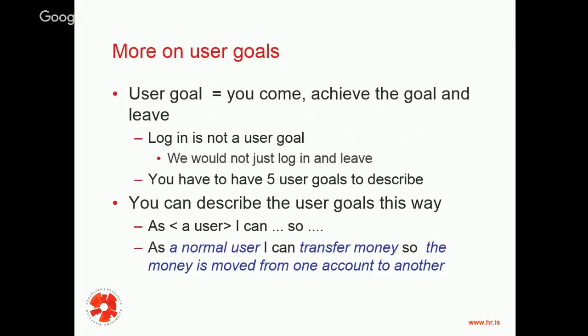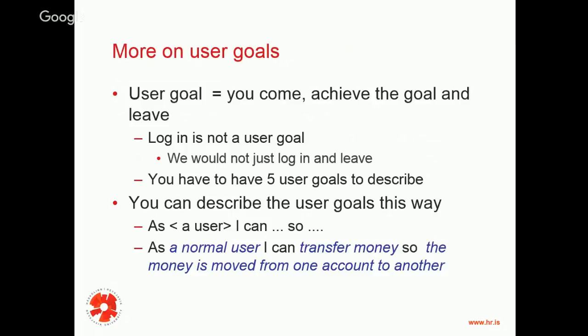So this is often the procedure: first you find the user groups. Then you think about which goals this user group has. Maybe you see that this group has these user goals, but the other groups have them too. But you should check all the user groups and check if they maybe have some special goals.